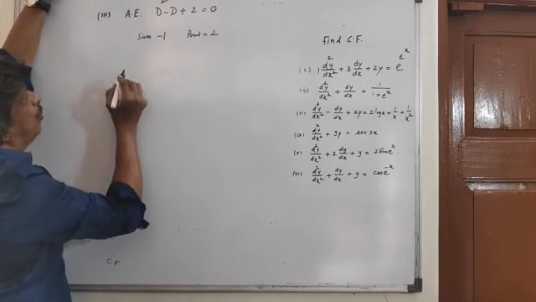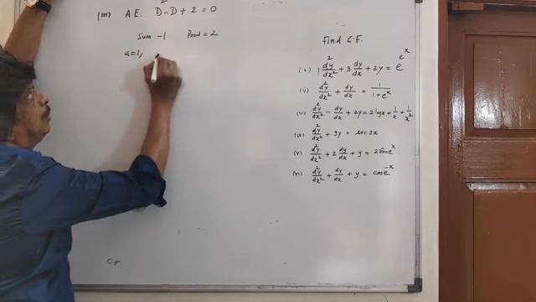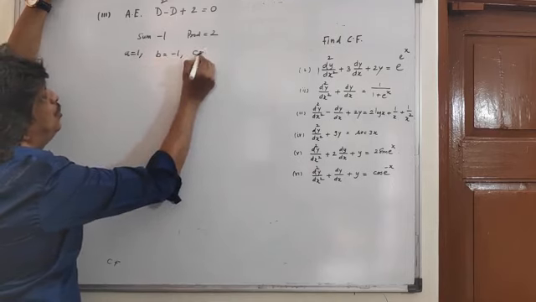I am going to use the quadratic formula. Here a = 1, b = -1 and c = 2.